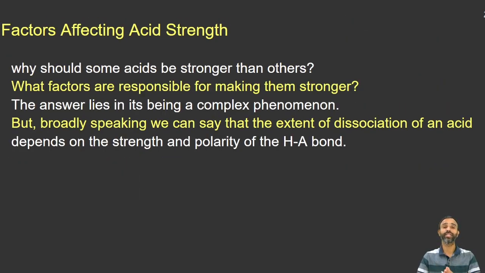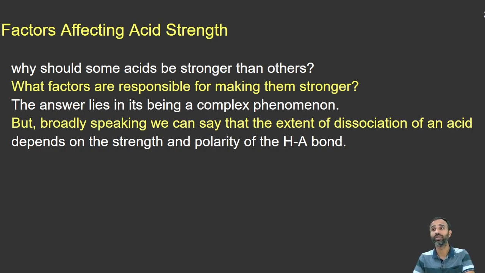Now, what are the factors which affect the acidic strength? There is always a question: why are some acids stronger than others, and what are the factors responsible for making one stronger and another weaker? Why is one acid strong and another weak?